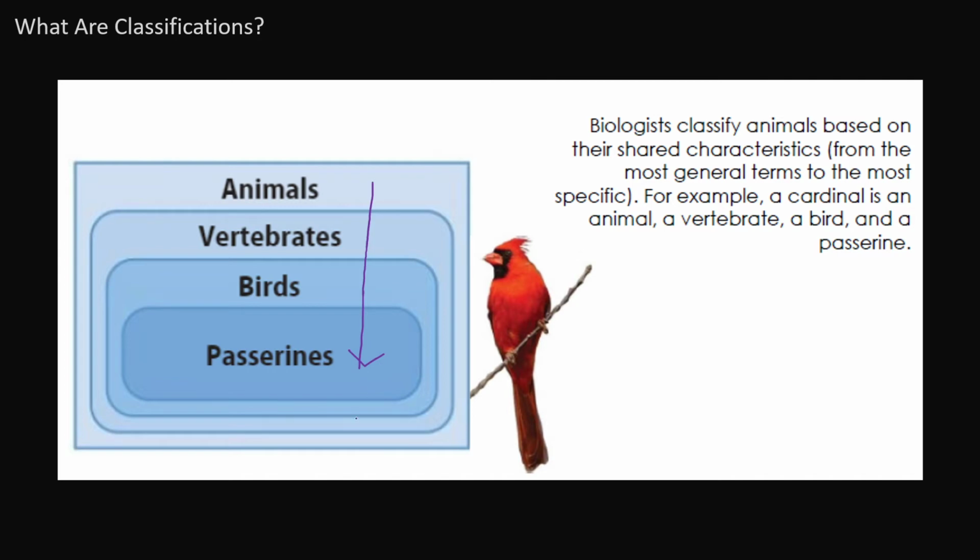It's a special nest-building bird. So again, from animals to the most specific. And this diagram is showing that passerines are types of birds, birds are types of vertebrates, and vertebrates are types of animals. So the categories kind of nest within each other. And you're going to see the same pattern with numbers in just a second here.